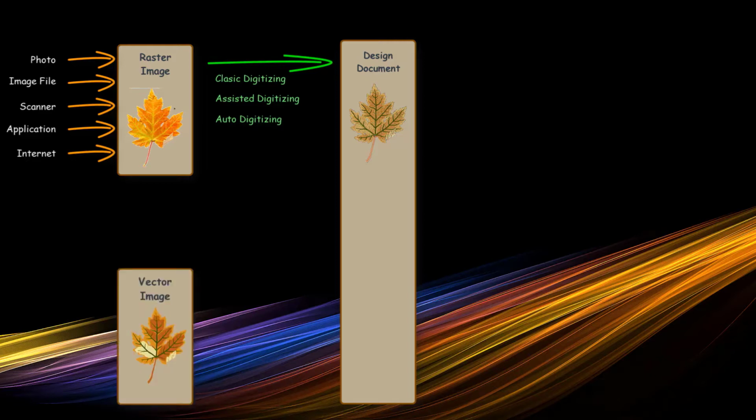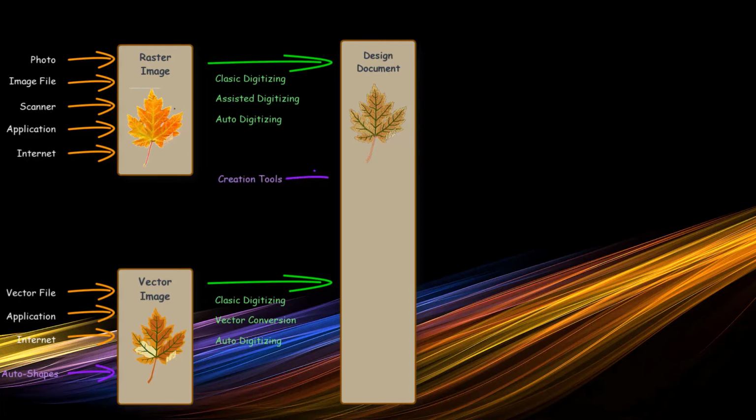The user can also start a design using a vector image from a graphic vector file, a vector image created in some graphic application, a vector image downloaded from the internet, or the user can simply create new shapes on the fly. When art comes from vector images, digitizing is accurate and immediate. Stitch Era offers many tools for the creation of designs.